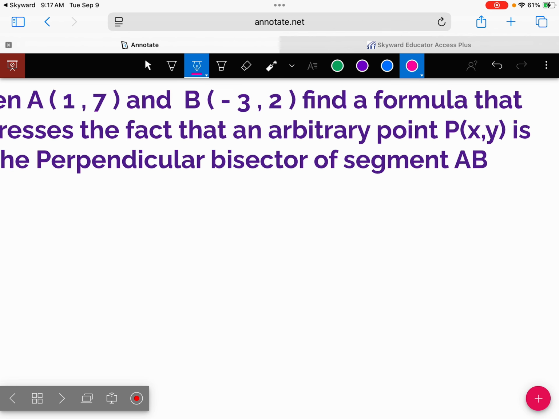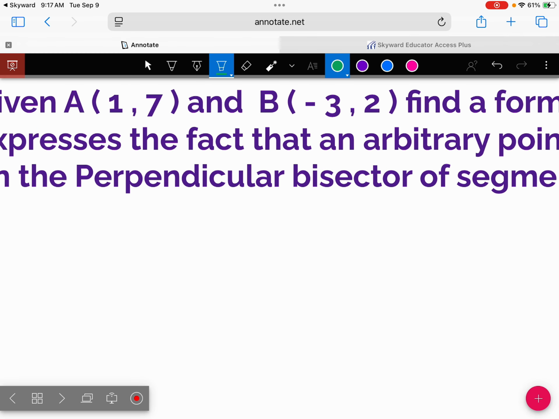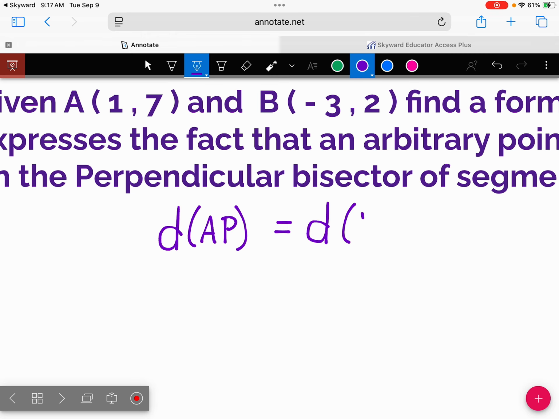They've decided to call this random point that's supposed to be on our perpendicular bisector point P. And what we know about point P is, if it's on the perpendicular bisector, the distance between point A and point P would be exactly equal to the distance between point B and point P. Because if P is on that perpendicular bisector, the distances will be the same.